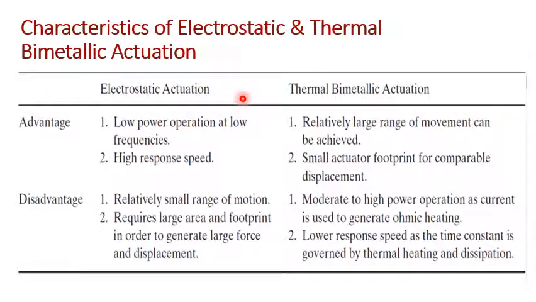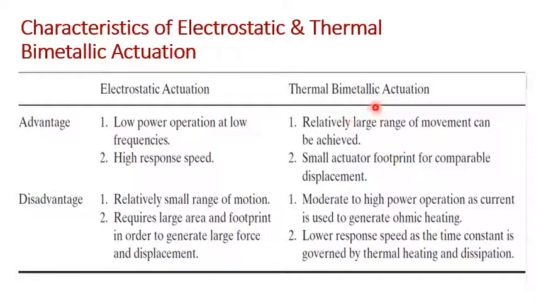So this table over here shows the characteristics of electrostatic actuation and thermal bimetallic actuation. So the advantages of electrostatic actuation is that it is capable of low power operation at low frequencies and it has a high response speed. The disadvantage is that the range of motion is relatively small and it requires a large area or footprint in order to generate large force and displacement.